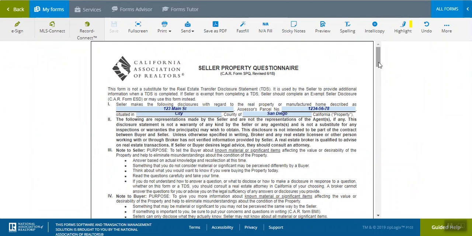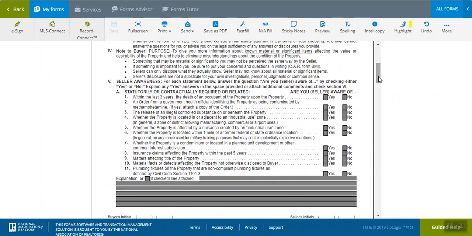On the top of the form, you will fill in the property address and the APN number, which you can find on the property profile. The first part is made up of 11 questions. These questions are statutory or contractually required.